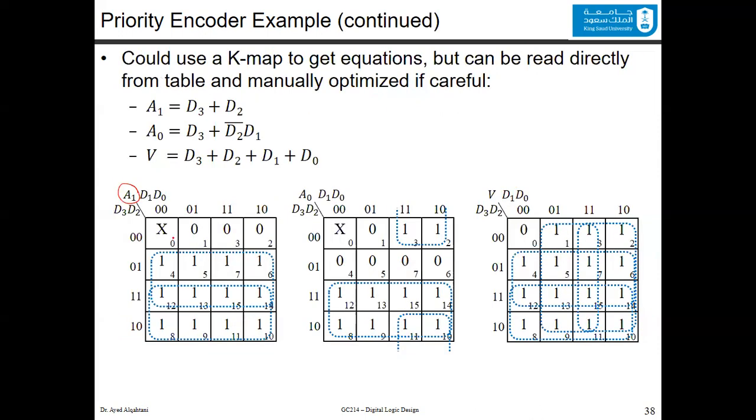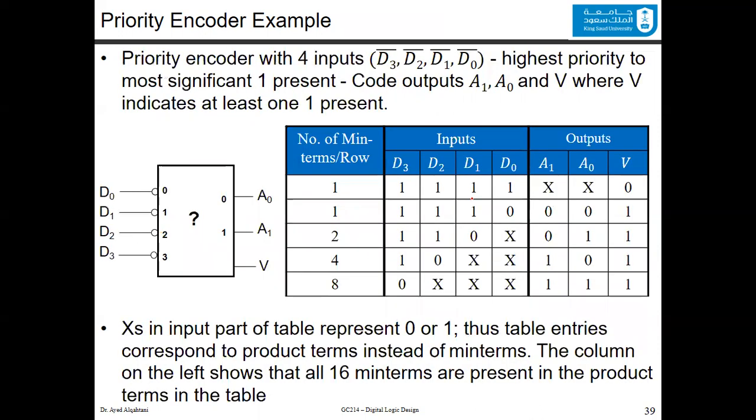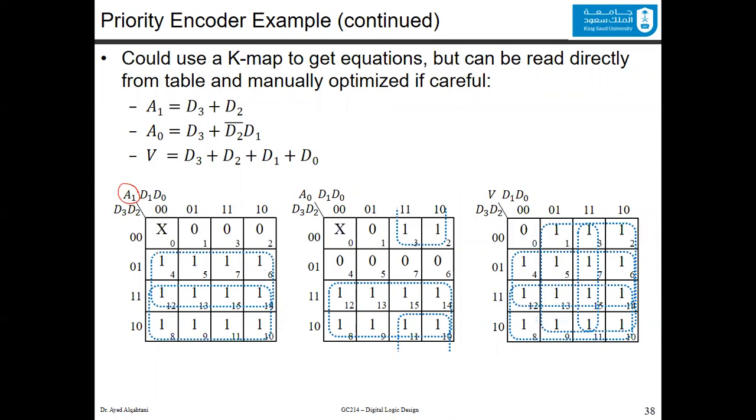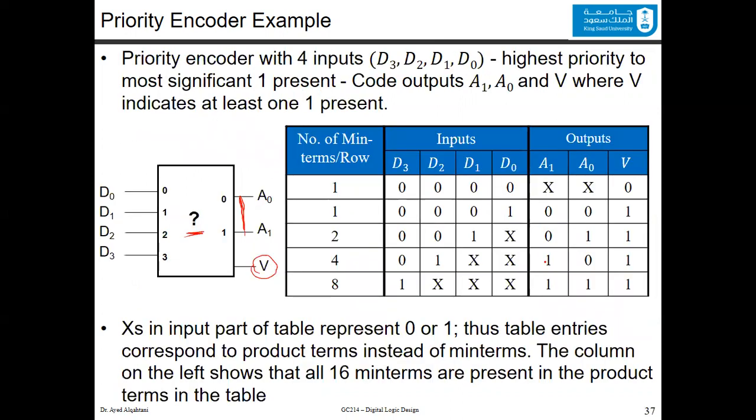And it has 0, 0 in the next 3 minterms. 1 minterm here and 2 minterms here. So it has 0, 0, and 0. And the rest is 1 and 1, meaning 1 in the next 4 minterms and 1 in the next 8 minterms.